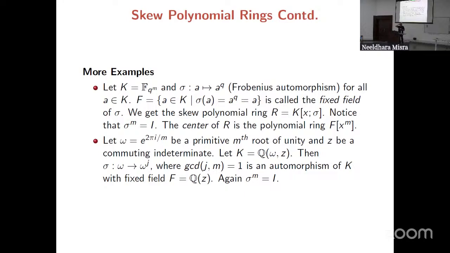And the other nice thing is that the set of all elements of this ring R which commute with every element of the ring R is this polynomial ring F_q[x^m].